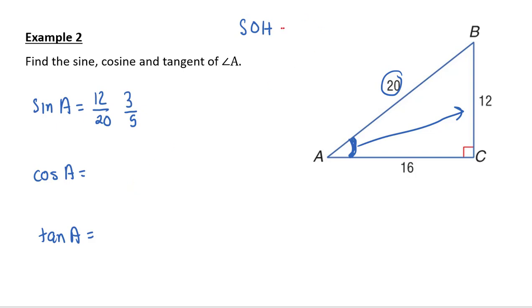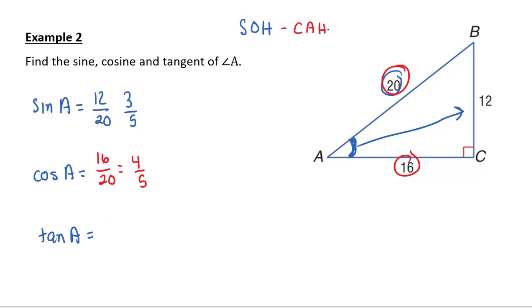Cosine. So, adjacent over hypotenuse. So 16 over 20. Again, 4 goes into both of those.